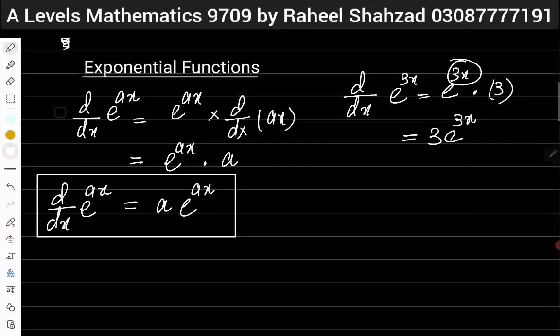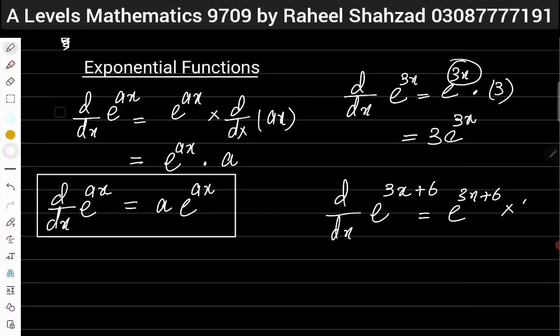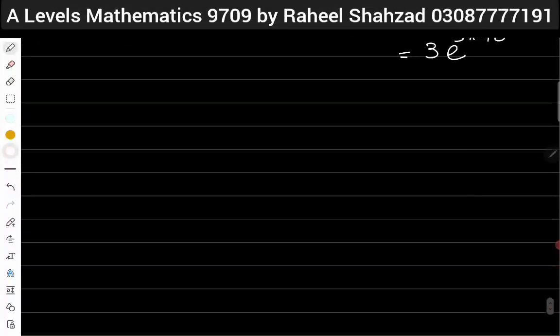For example, we need to find the derivative of e raised to the power 3x plus 6, so that is simply going to be e power 3x plus 6 into the derivative of the power, whatever power you have. So it is going to be 3 e raised to the power 3x plus 6, right?